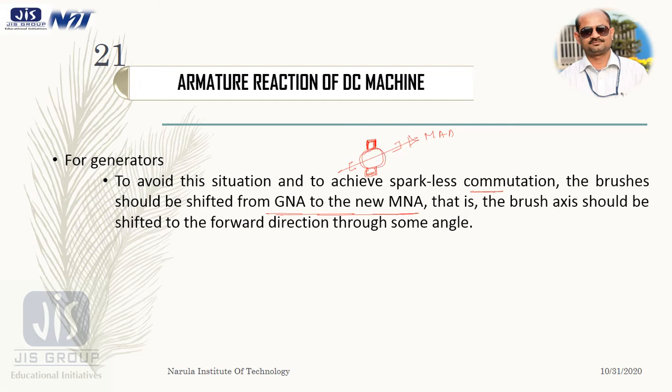To prevent this, we have to shift the brushes along this magnetic neutral axis. That means the brush axis should be shifted forward through some angle in the clockwise direction for a generator. Keep in mind, it is for a generator.